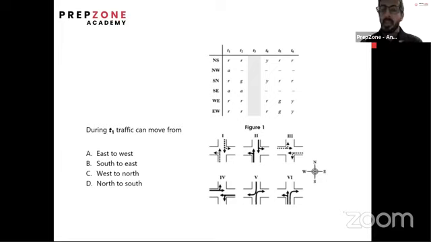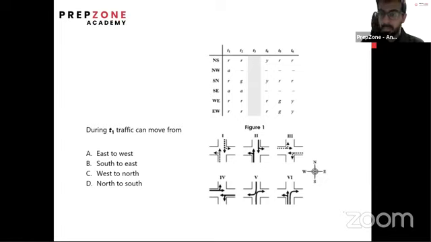C is west to east. Oh, sorry, west to north. No, again, it's not allowed to go from west to north. D is north to south. Again, not allowed, because the traffic cannot go from north to south. B, on the other hand, is the right answer, south to east. So northwest and southeast.